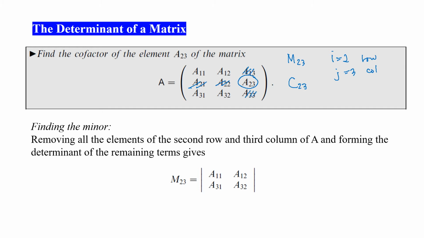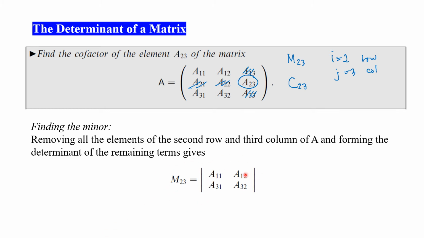So what we are now left with is just a 2 by 2 matrix with elements A11, A12, A31, and A32. Removing all the elements of the second row and the third column and forming the determinant of the remaining gives this one here.